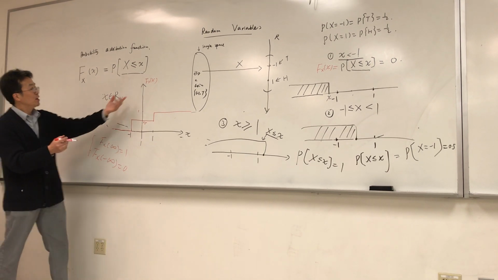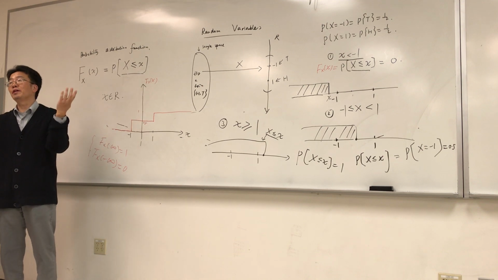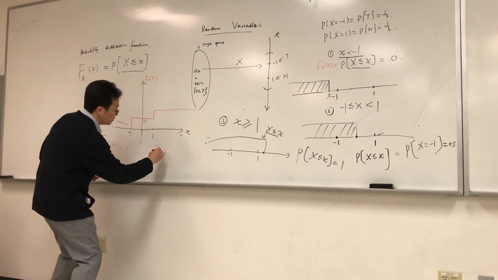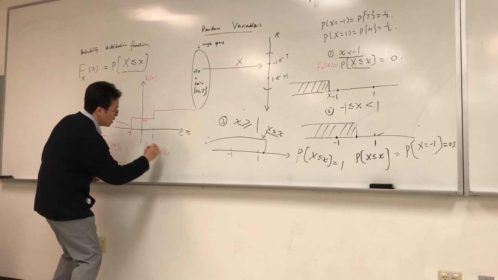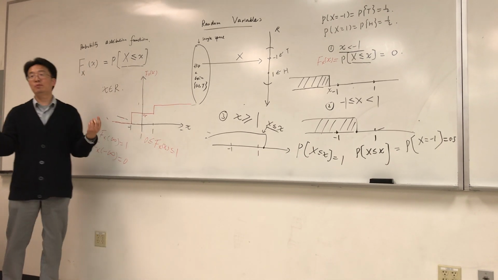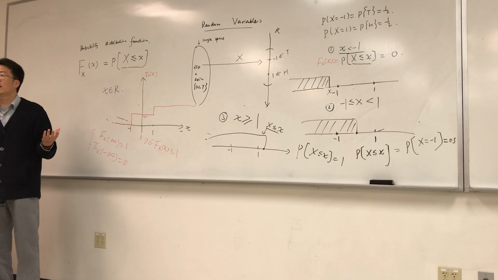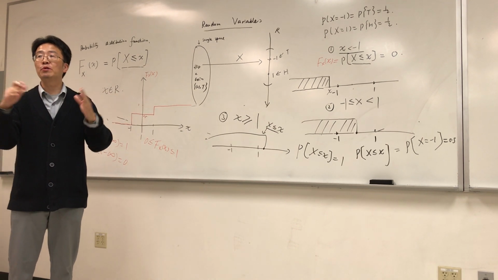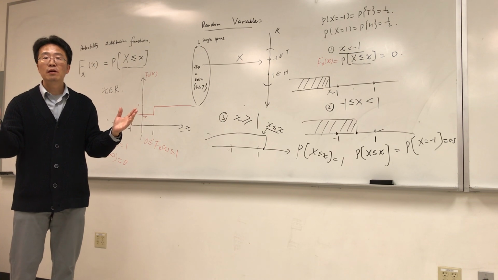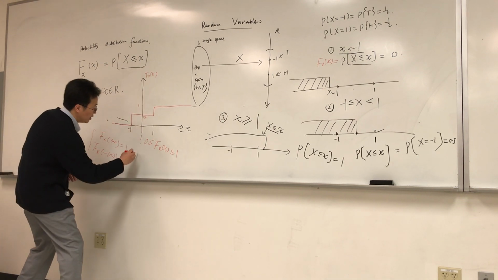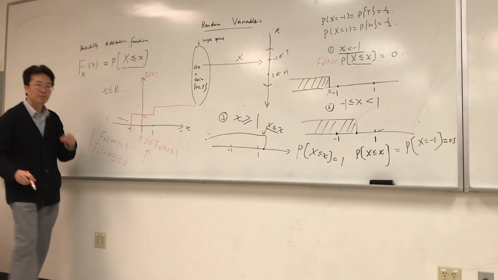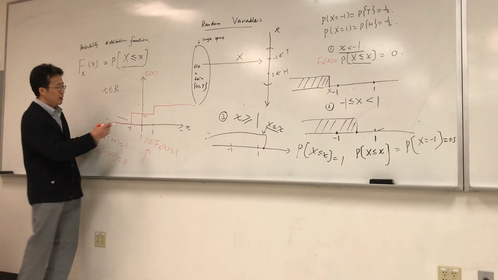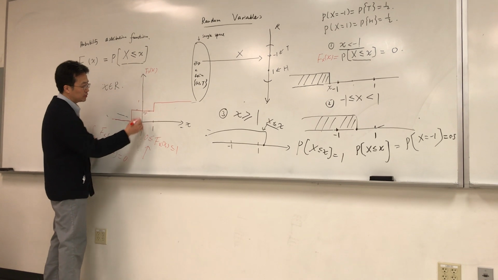Because this function represents a probability, there's no wonder this function should always be between 0 and 1. We cannot have the function go beyond this range. Also, the function is increasing.